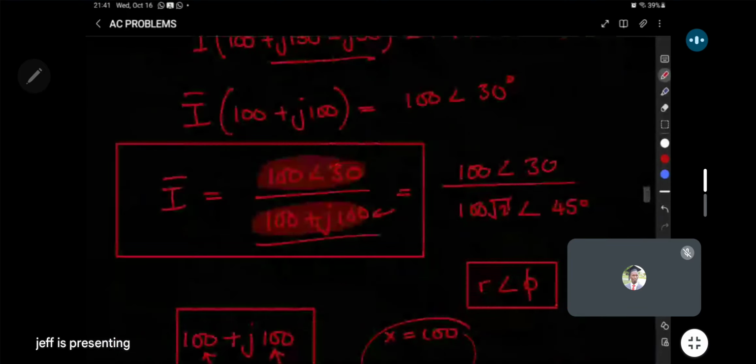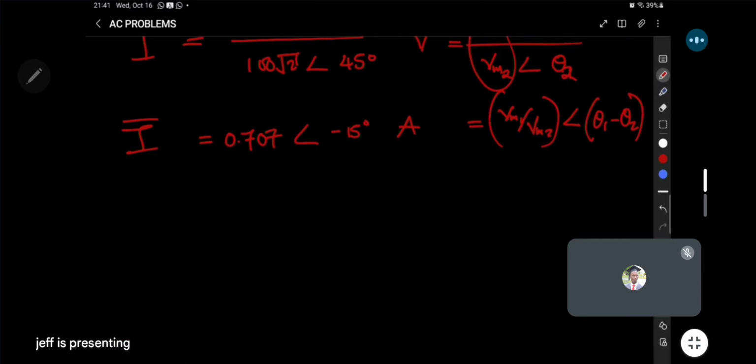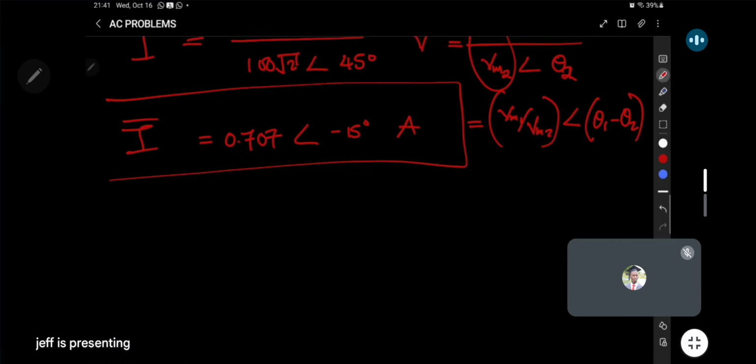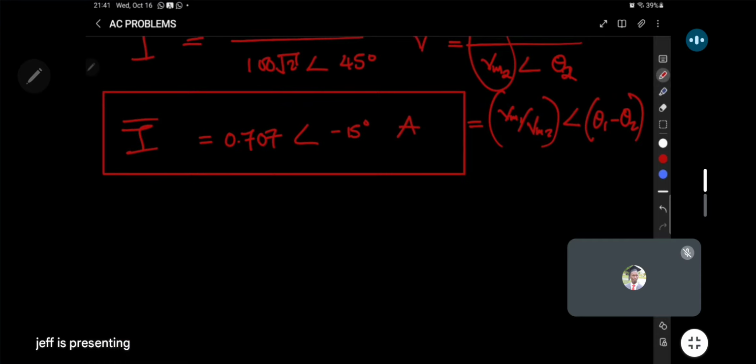So here is our phasor current. Now from here, remember, it stores two things. It stores the peak value. So in this case, it is keeping our peak current. It also stores the phase shift. So it is keeping our phase shift.